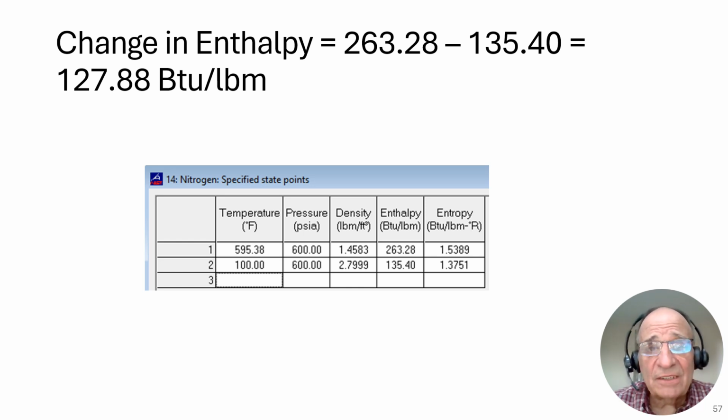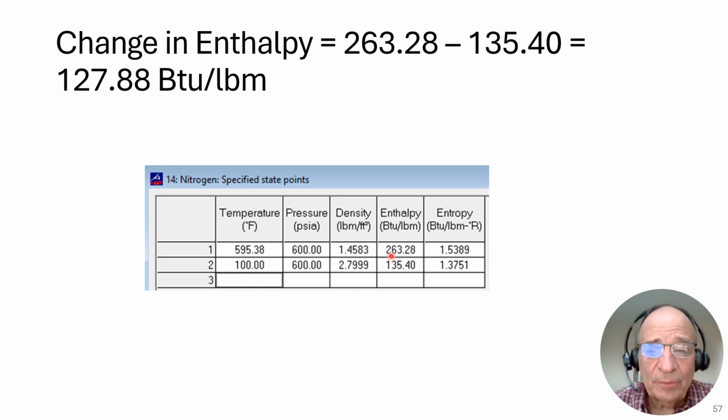So using these values, we can see that the temperature at the inlet to the aftercooler is 595.38 degrees Fahrenheit. The pressure at the inlet is 600 psi. Once we put those two intensive properties into the software, the rest of the row populates.